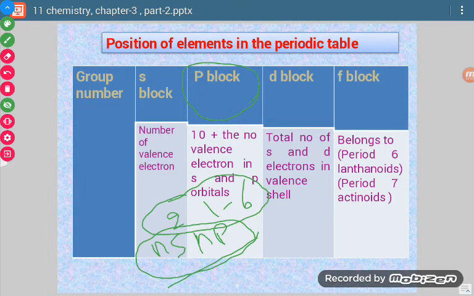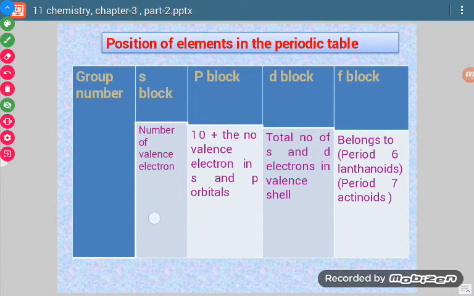Then for finding the group number, we will do 10 plus valence electrons. That will give us the group number.